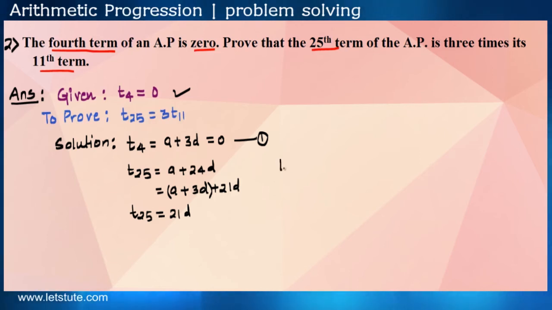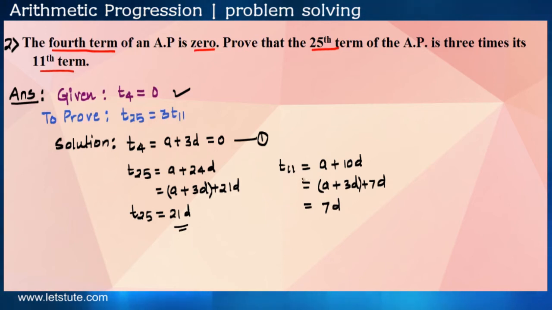Similarly, on the other hand, if we do it for T11, we can write a plus 10d. And then a plus 3d plus 7d. Very simple. Now again a plus 3d is 0. So T11 is 7d. We have to prove that this T25 is 3 times T11.